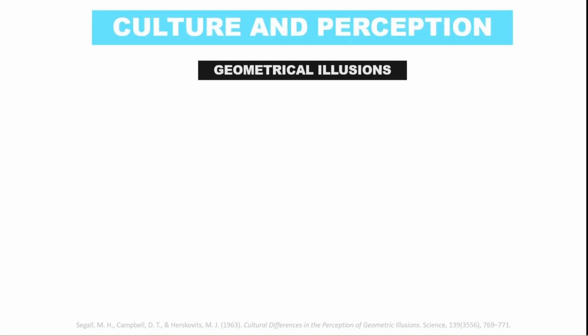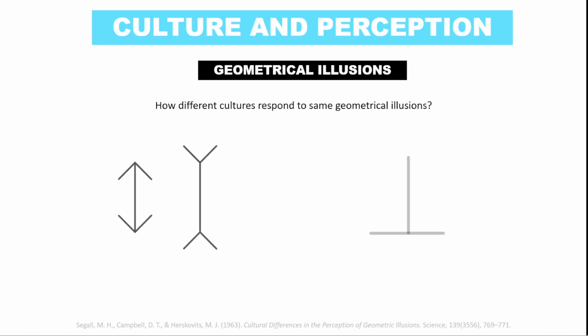The next study is about geometrical illusions, and it focuses on how different cultures respond to the same geometrical illusions. We have two basic illusions: the Muller-Lyer and the horizontal-vertical illusion. Westerners are more susceptible to the Muller-Lyer illusion. Meanwhile, Africans are more susceptible to the horizontal-vertical illusion.